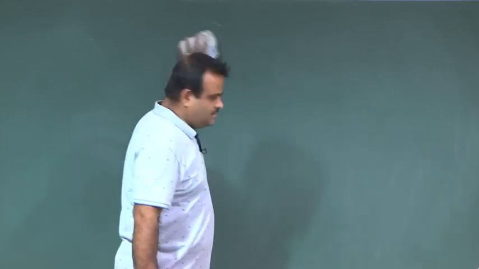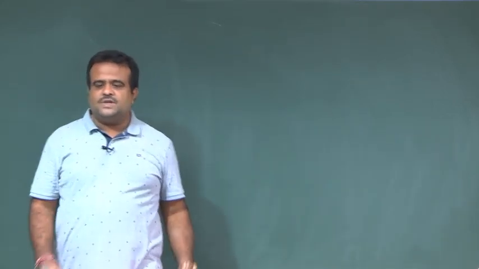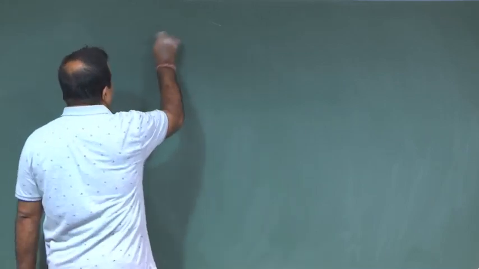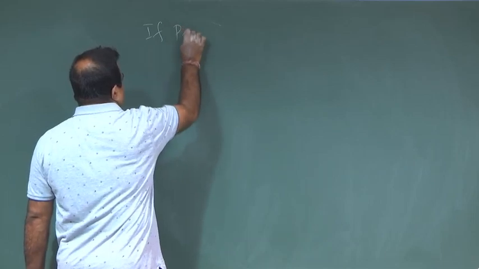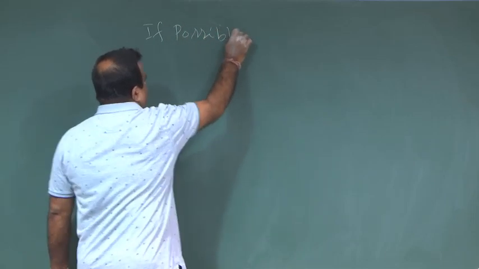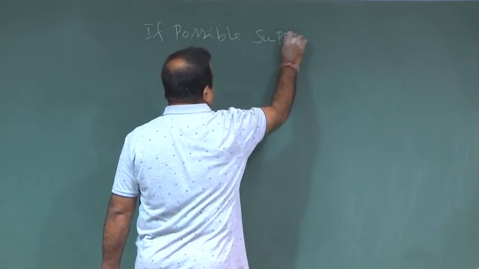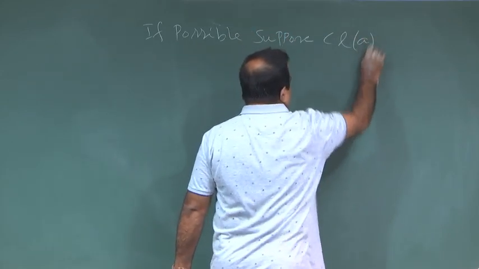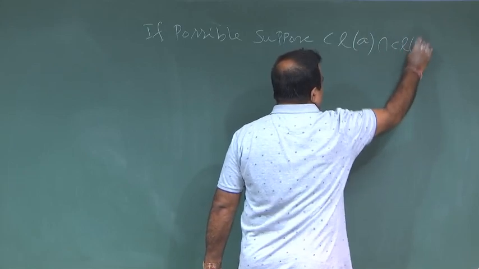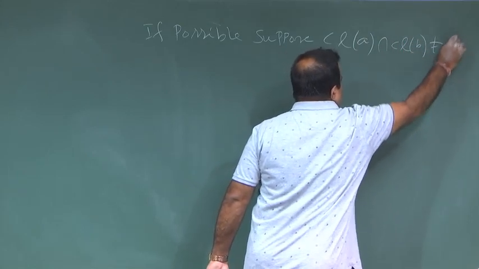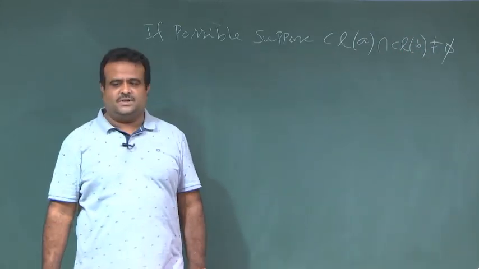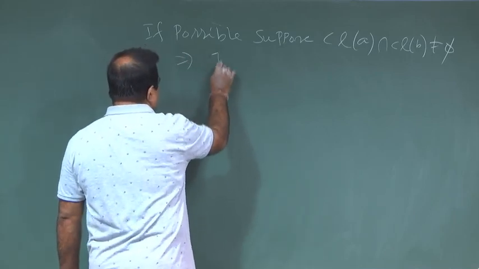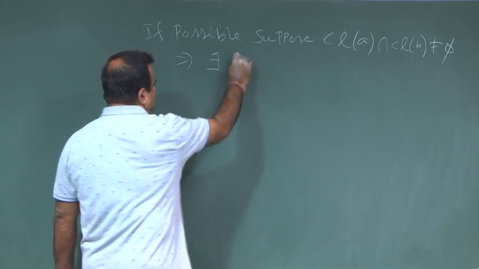Suppose, if possible, class of A and class of B is not an empty set, they are not empty. So, that means this implies there exists an element x, this is the symbol for there exists.